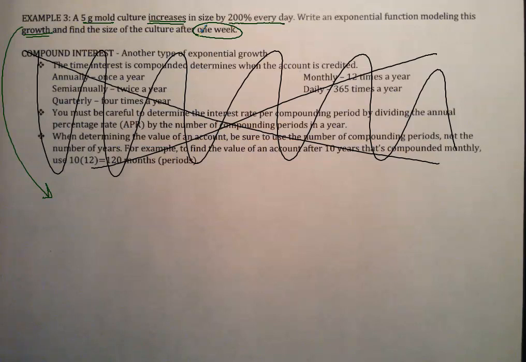Okay, so let's think about, first of all, remember in the beginning of notes, we had f of t equals a, the initial value, times the quantity 1 plus r, raised to the exponent that you have here, if it's t or whatever. Okay, so a is our initial value.